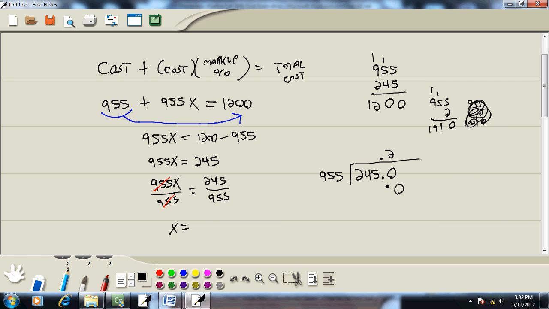So 0, 1, 10, 11, carry the 1, 18, 19, 19, 10. Okay. Subtract those. That gives us that. And I'll add another 0 on here. 0 there. And I think it's 6. No, it can't be 6. Must be 5.